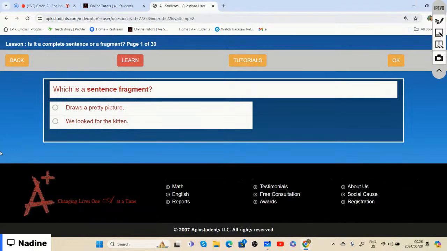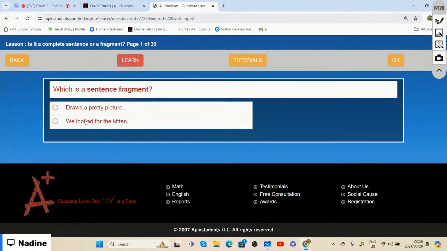Look again. Remember, a sentence fragment is either missing a subject or it's missing a verb. If we look at option two, it says we looked for the kitten. We is the subject, looked is the verb.